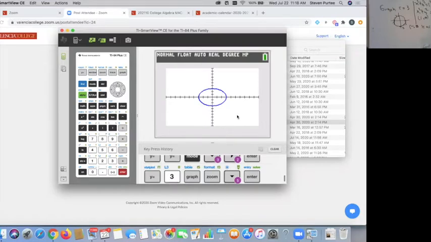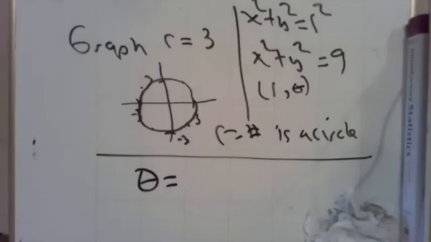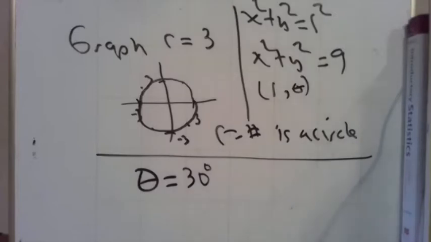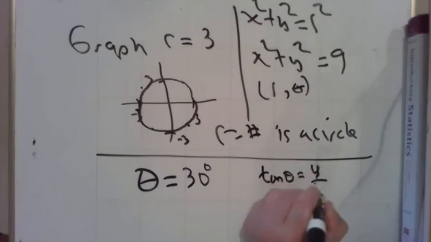Hey, what if we wanted to graph theta equals a number? Say I wanted to graph, let's go with theta equals 30 degrees. I could go through the math. Tangent of theta is y over x.